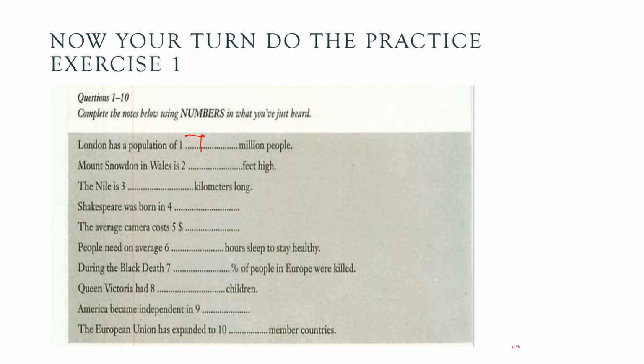People need on average 8 hours sleep to stay healthy. During the Black Death, 40% of people in Europe were killed. Queen Victoria had 9 children. America became independent in 1776. The European Union has expanded to 25 member countries.